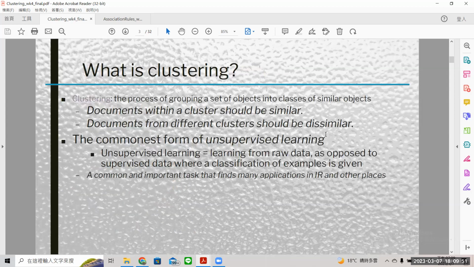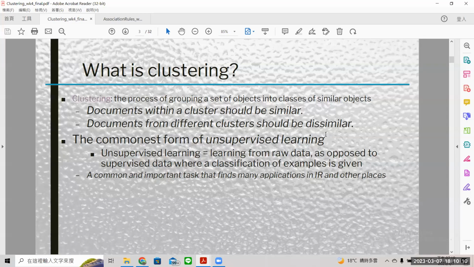Okay, what is clustering? Actually, clustering is everywhere, just like we had a short discussion last week. Most of the time, we cluster to try to find the gap, the chance in the market.